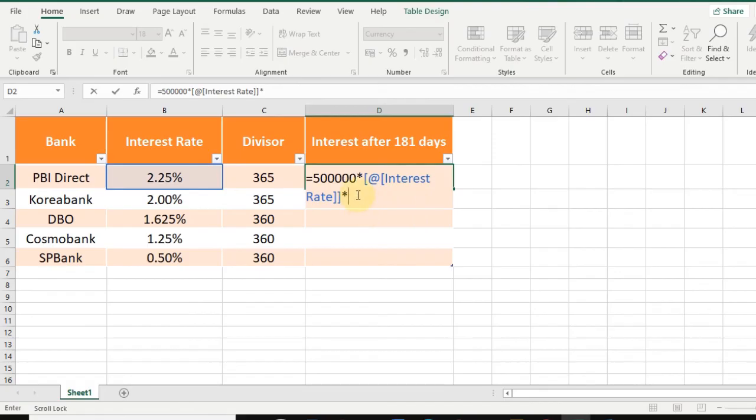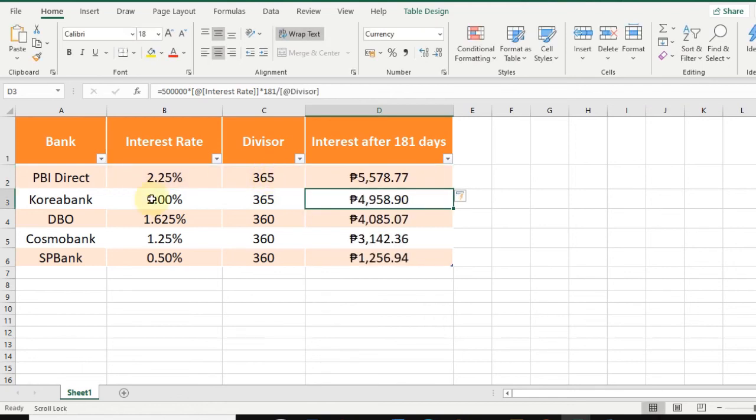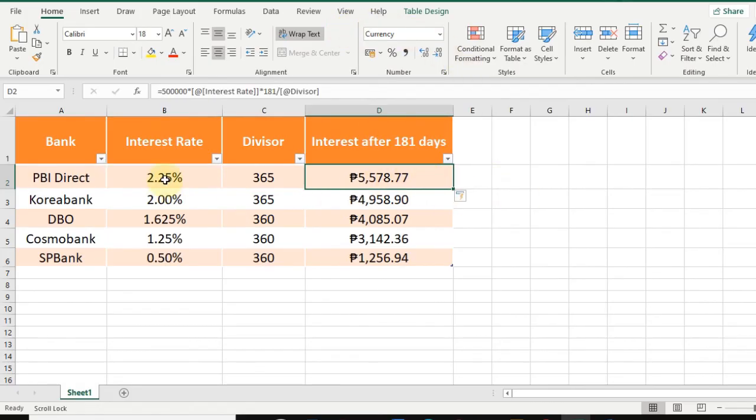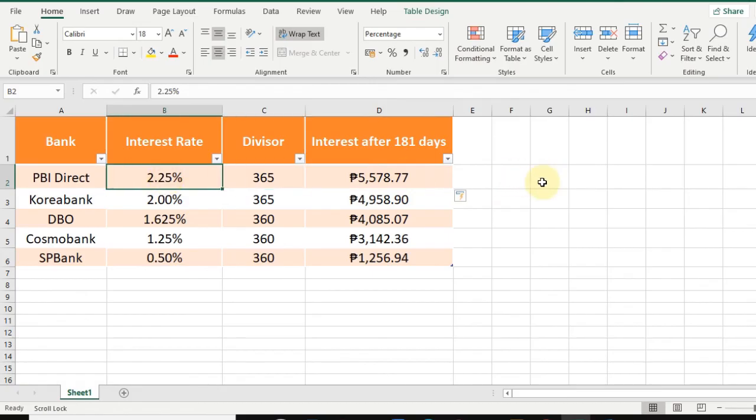What is your time? 181 over the divisor. There you go. Take note here that I'm not actually using 2.25%. It's just shown in percentage, but when Excel computes that, it's actually in decimal form.